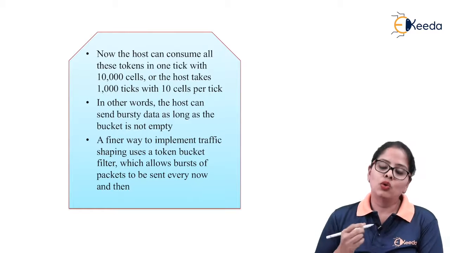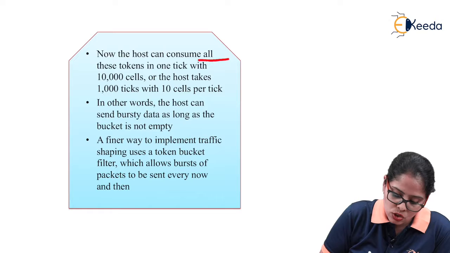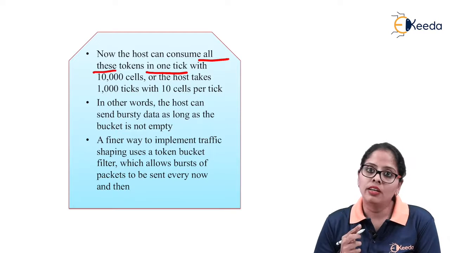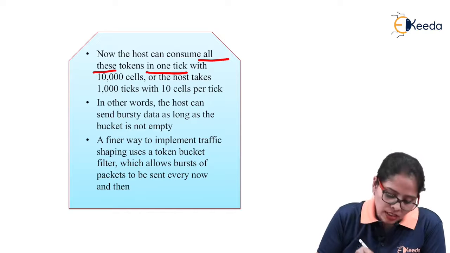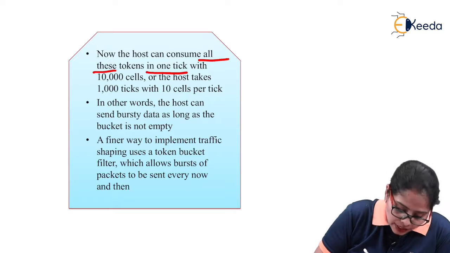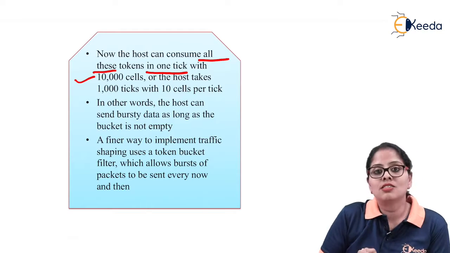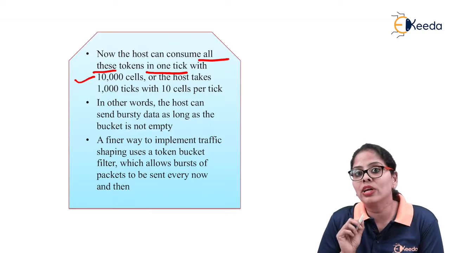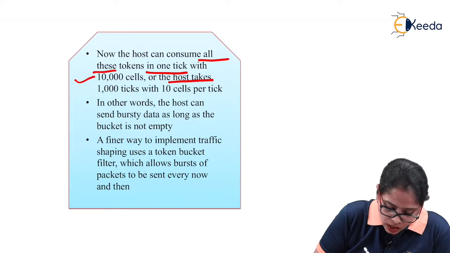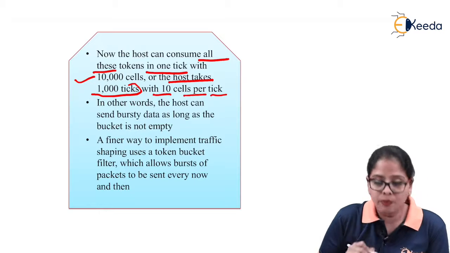So now the host can consume all these tokens in one tick. So you can send 10,000 cells, or 10,000 packets, in one tick. Or the host can take 1,000 ticks with 10 cells per tick.